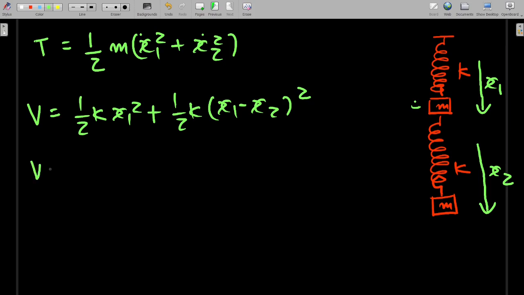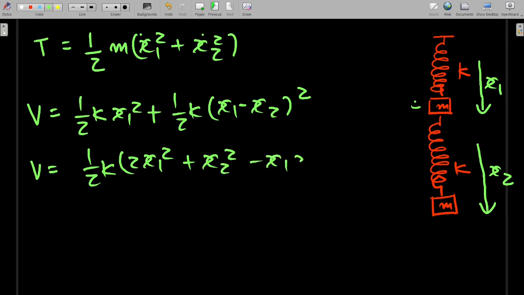We will rearrange the potential energy term, then it will be half K (2x1 square plus x2 square minus x1 x2 minus x2 x1).